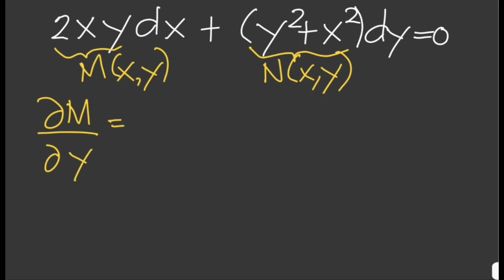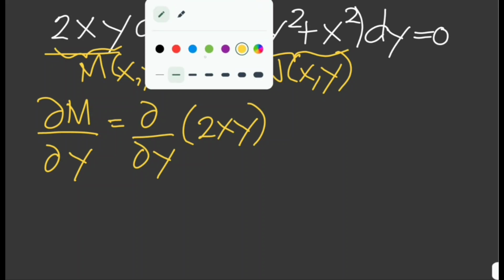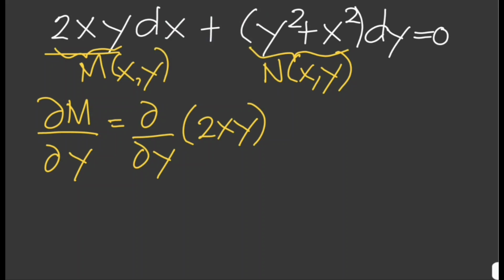The partial derivative of function M with respect to y is just the partial derivative of 2xy with respect to y, because M here is 2xy. Since we're dealing with partial derivatives, and this is with respect to y, all of the terms other than y are treated as constants.